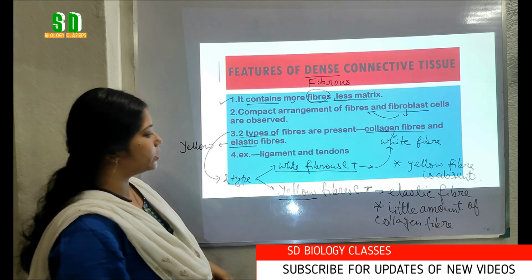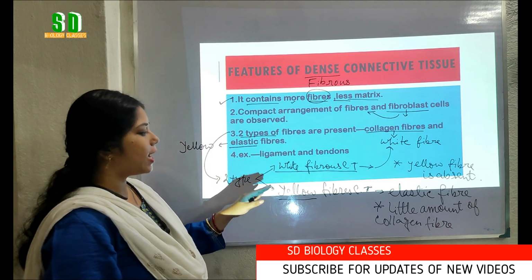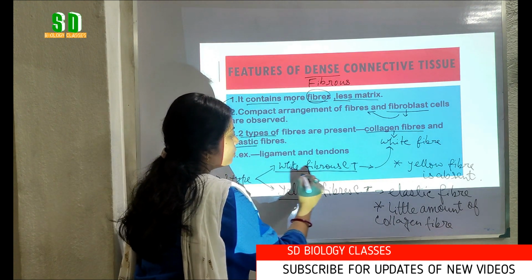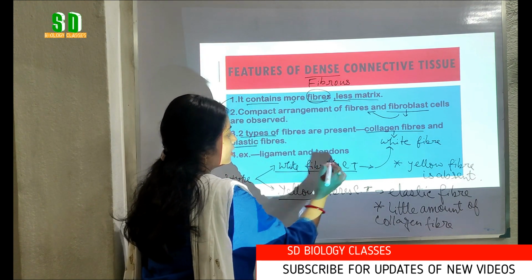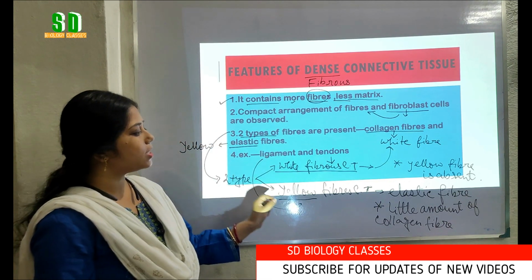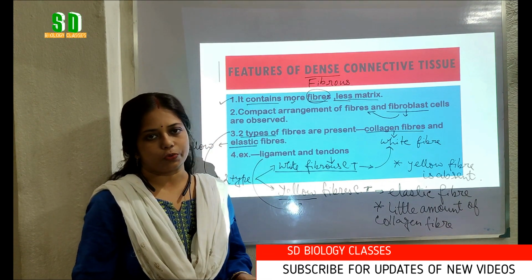Now, what are the examples of white fibrous connective tissue and yellow fibrous connective tissue? The example of white fibrous connective tissue is the tendon, and the ligaments are the example of the yellow fibrous connective tissue.